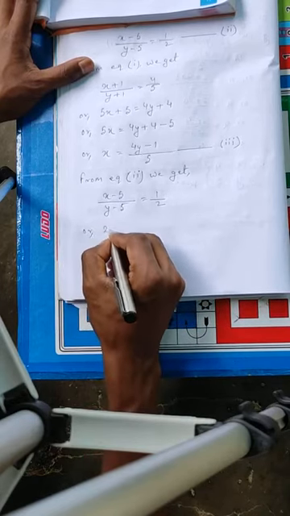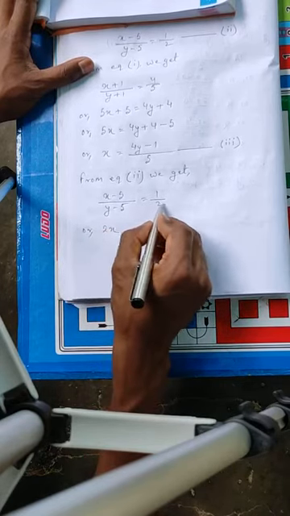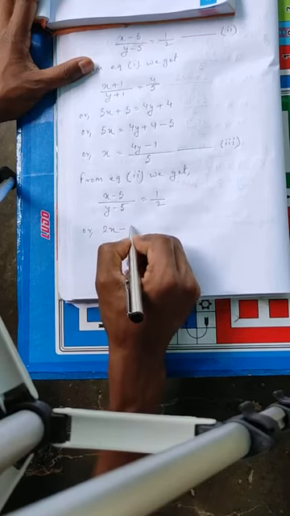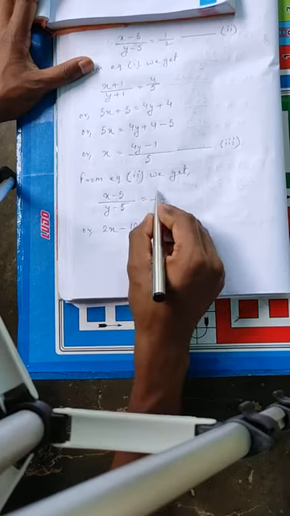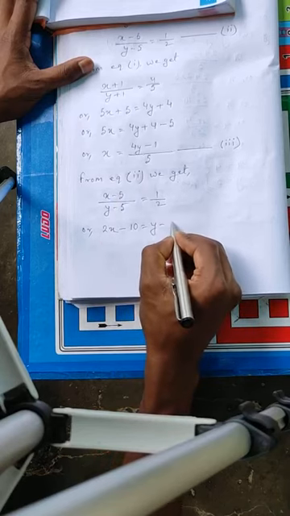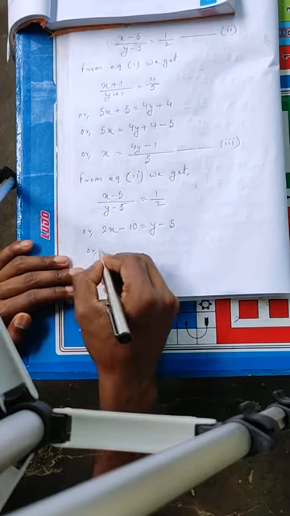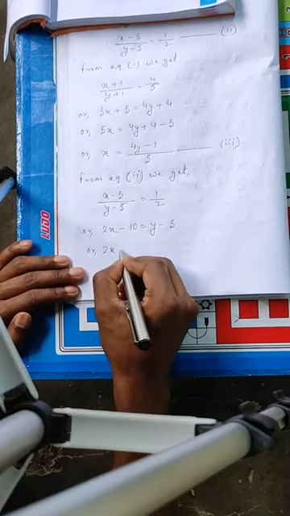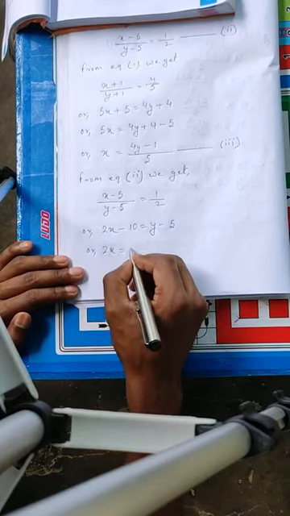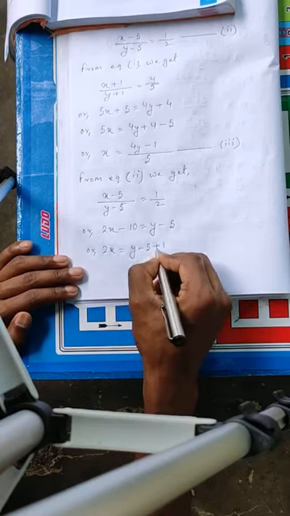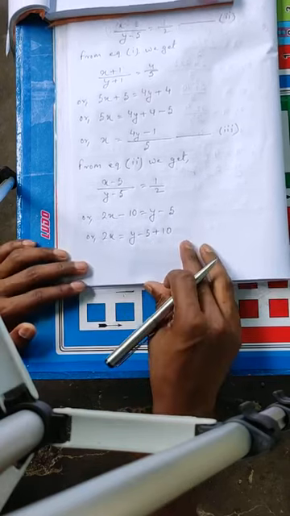First we write the x: 2 into x is 2x, minus 2 fives are 10, equals y ones are y, minus 1 five is 5. For 2x, the minus 10 transfers to the right side, then that is plus 10.